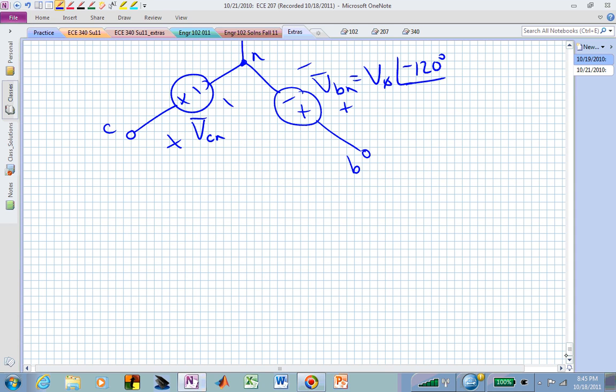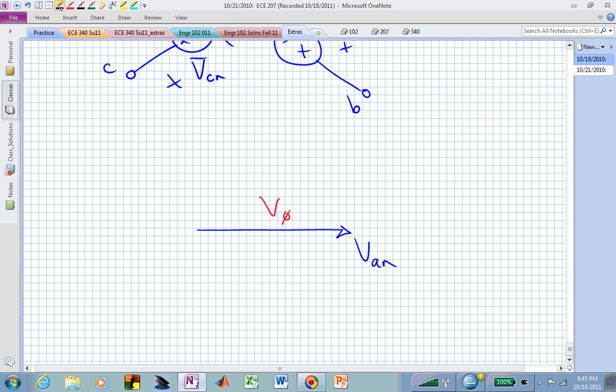If we needed to draw those, we would have V sub AN as a vector of length V sub phi at an angle of 0 degrees.